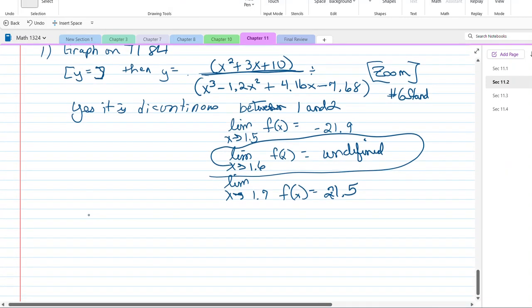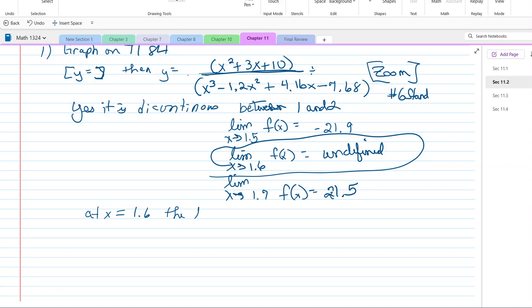So at x equals 1.6, the function is discontinuous. All right, very good.